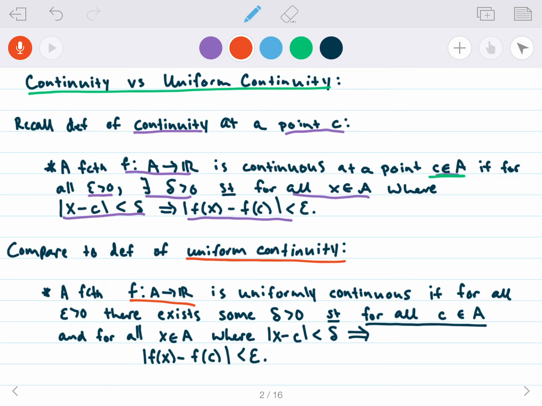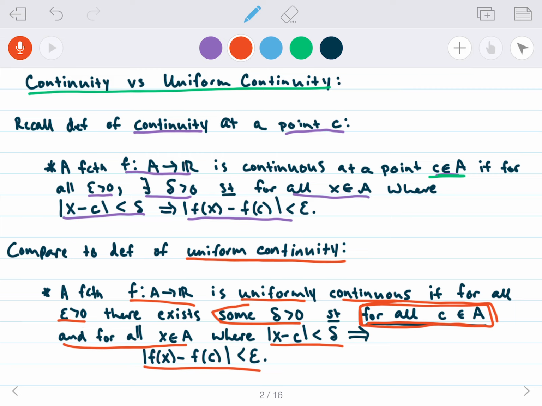So it says a function from A to R is uniformly continuous if for all epsilon bigger than 0, there is some delta bigger than 0, such that for all C in A and for all x in A, whenever x is in the delta neighborhood centered at C, this implies that f of x is in the epsilon neighborhood centered at f of C. So the big difference between the definition of normal continuity and uniform continuity is that we have this for all C, okay?